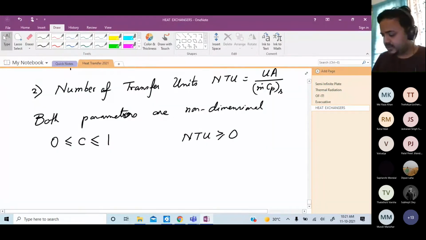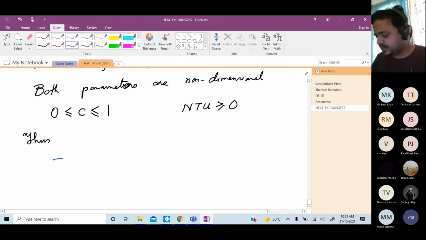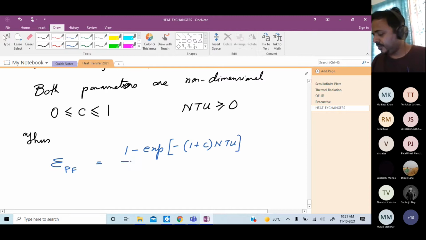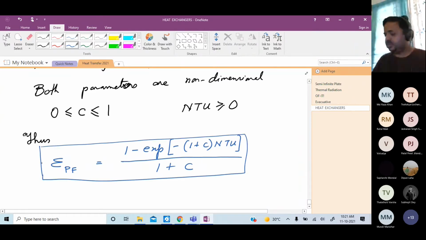Okay. Thus, epsilon for parallel flow becomes 1 minus exponential minus 1 plus C times NTU, divided by 1 plus C. Look, this is a neat expression.